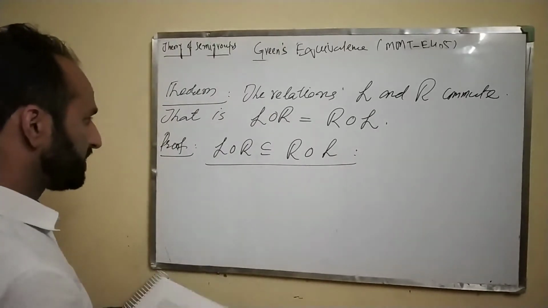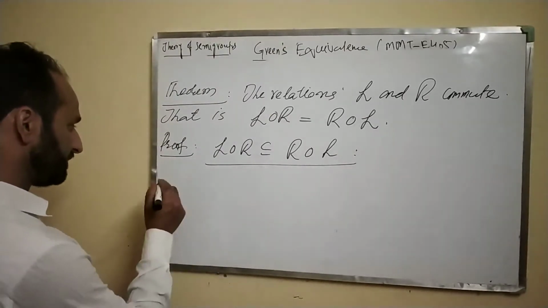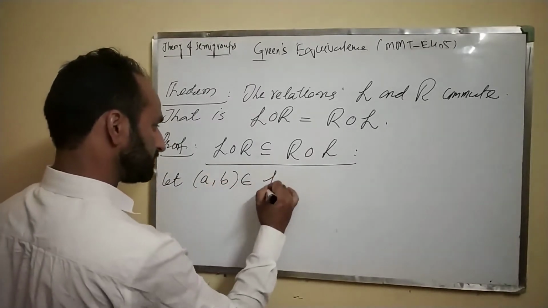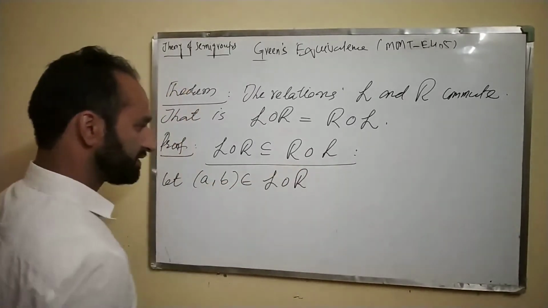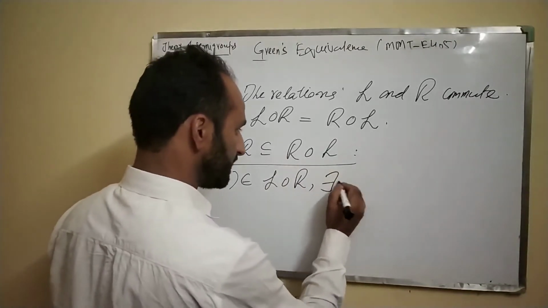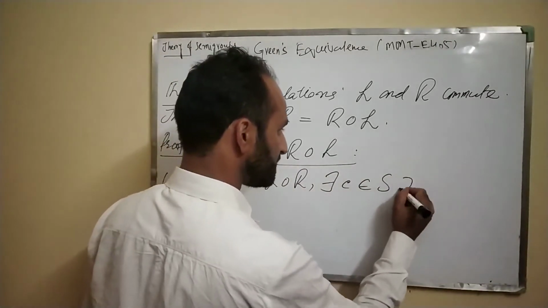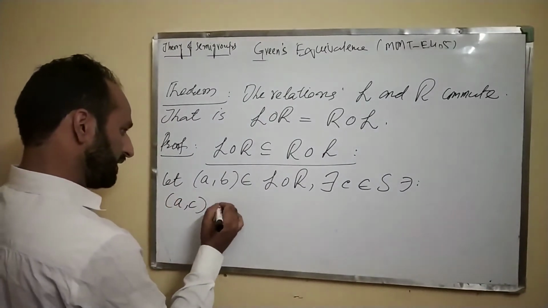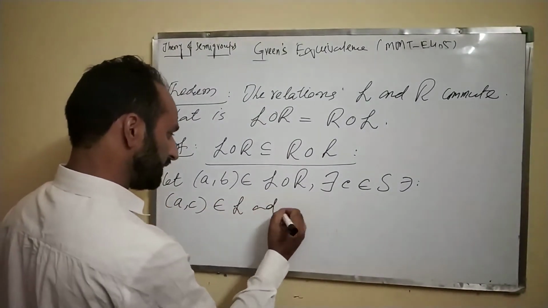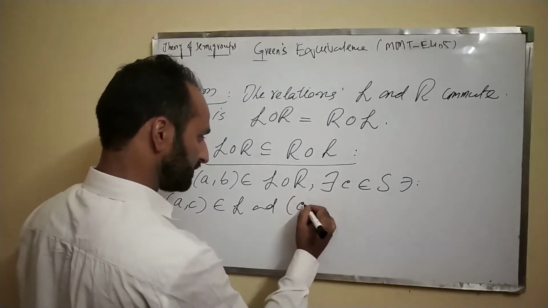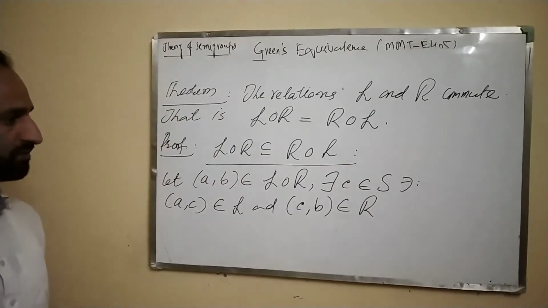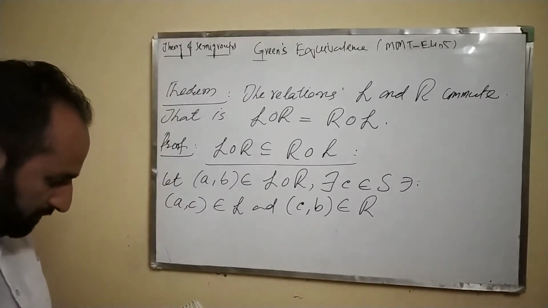Let's choose any pair in L composition R. Let A, B belong to L composition R. Then by definition of composition of relations, there exists C in S such that A, C are L related, and C, B are R related.